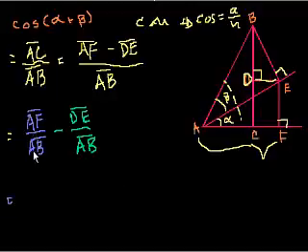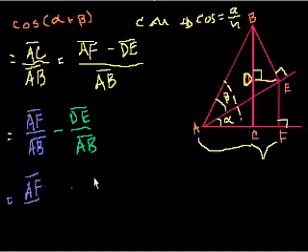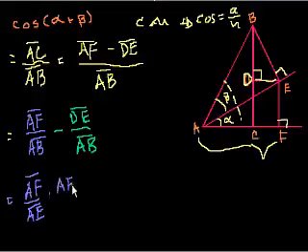Let's see if we can break this down as AF over AE times something else. Well, we can just algebraically do it. That's equivalent to AF over AE times AE over AB. You're saying, Sal, where did you get that from?